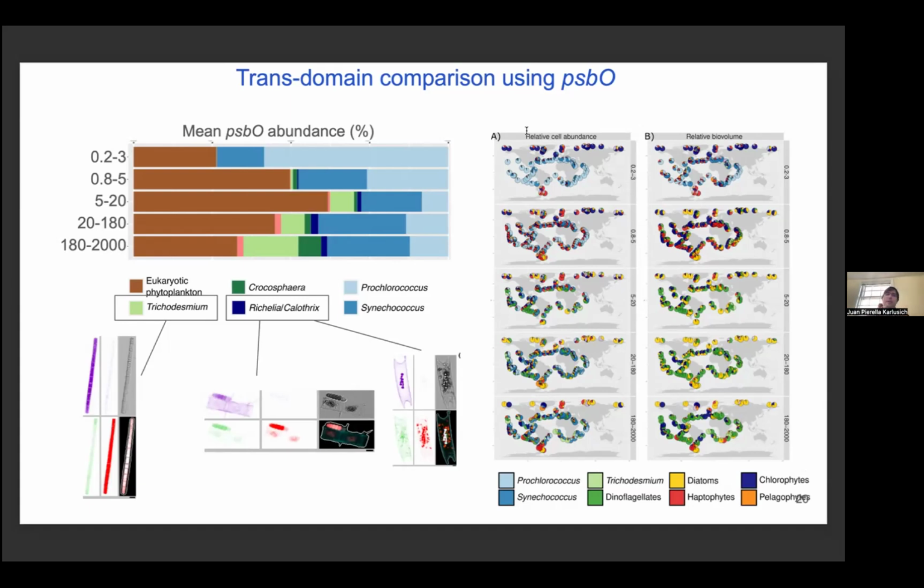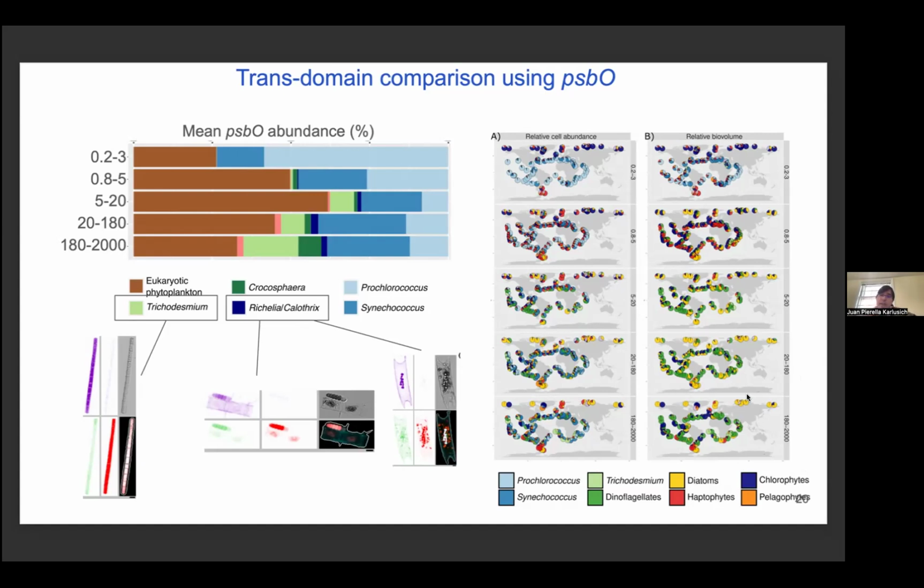These are patterns regarding PSBO, so these are patterns that correspond to relative abundance in terms of cell abundance. When I did some biovolume corrections for the different taxa, I plotted again the biogeography in the second column of maps.